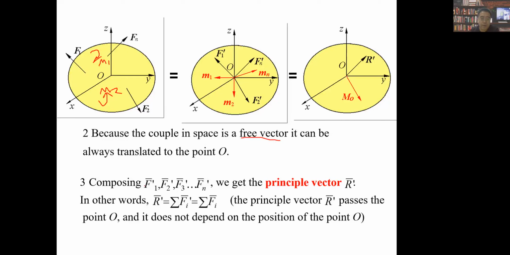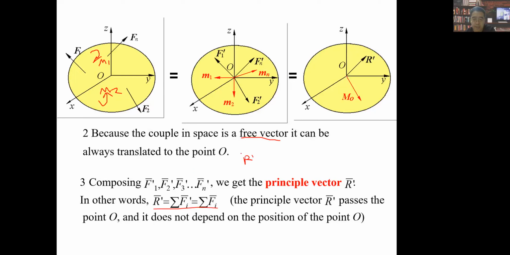And composing F1 prime, F2 prime, until Fn prime, we get the principal vector R prime. In other words, this is how we do the calculation to find the resultant force of a concurrent force system in space, right? It's very easy.